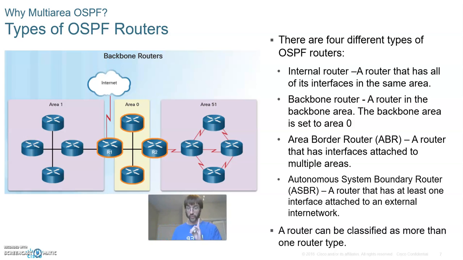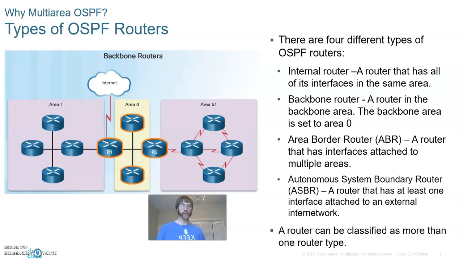Now, it is possible for these things to be in more than one category. So say, for example, looking at our topology, these two routers here in the backbone area that don't have a number, those are internal and backbone routers. Whereas the other two, the ones that have numbers, R1 and R2, those are area border routers because they've got an interface in Area 0 and an interface in Area 51.